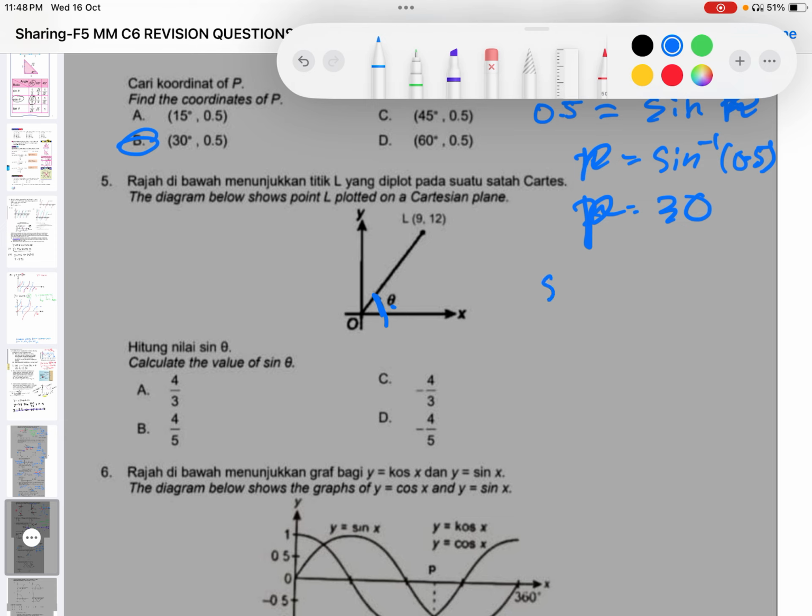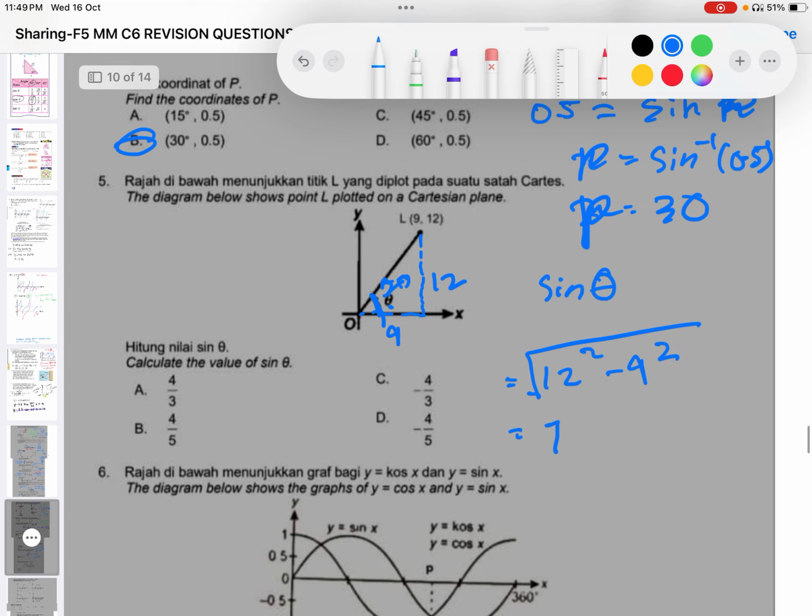So sin theta would be, so this is going to be 9, 12. So opposite over hypotenuse. So cari hypotenuse. 12 kuasa 2 minus 9 kuasa 2.